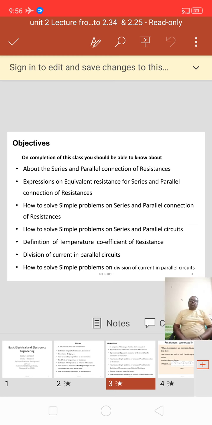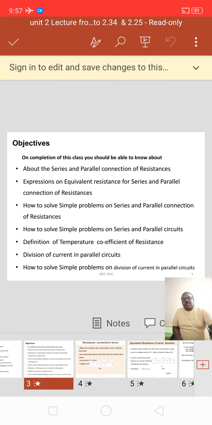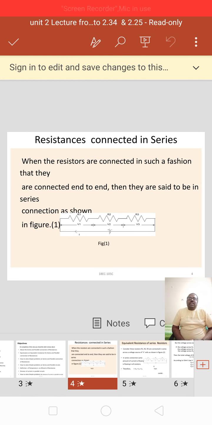These are the topics we want to learn today. Please be serious about the topics which we learn today.